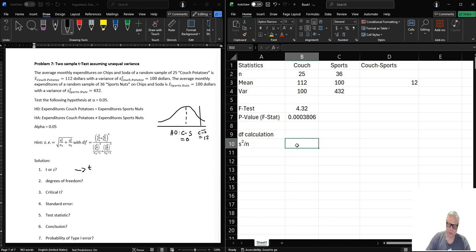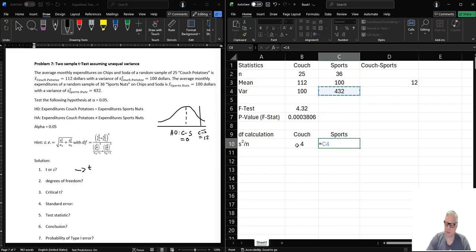Okay, so for the couch potatoes, again here couch, sports. So the variance is the 100 divided by the 25, so that's 4. And for the sports nuts, 432 divided by 36, so that's 12.